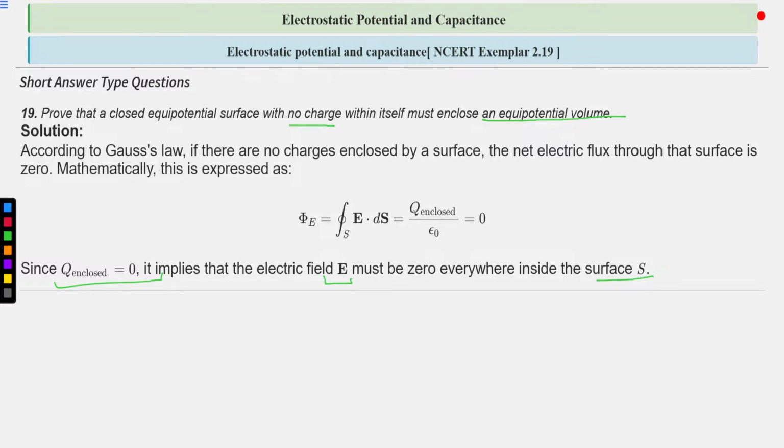It means potential inside that surface should be constant everywhere. Okay, so since Q enclosed is 0, electric flux will be 0 through that surface, and electric field must be 0 everywhere inside the surface. Okay.